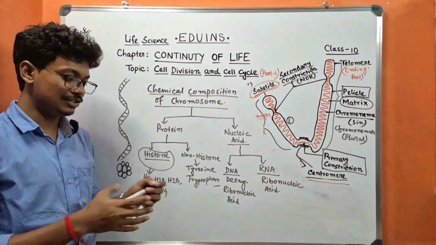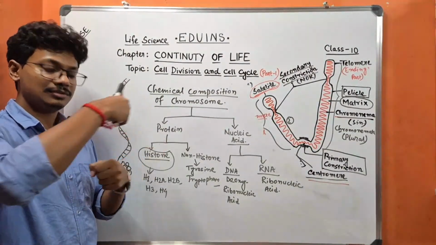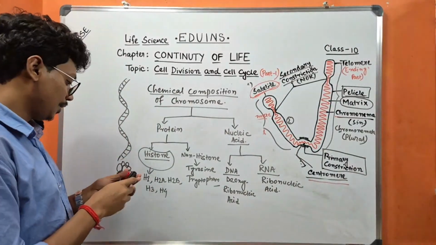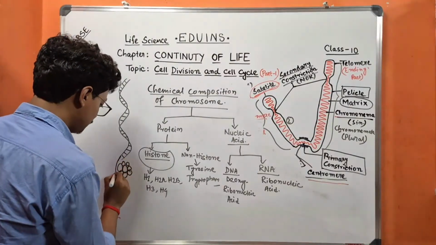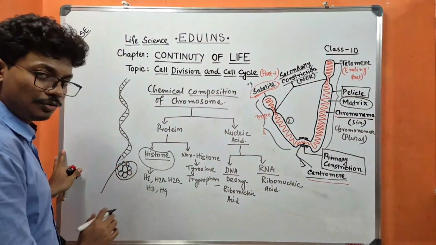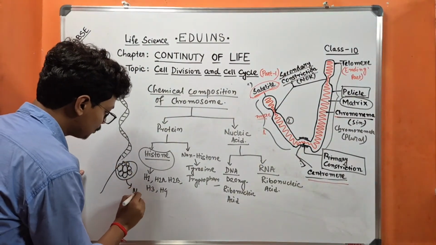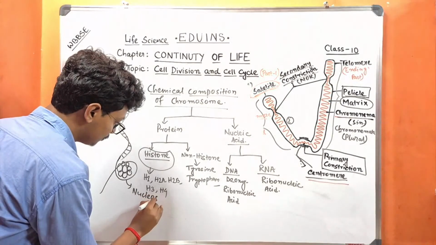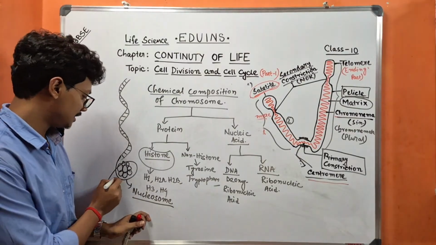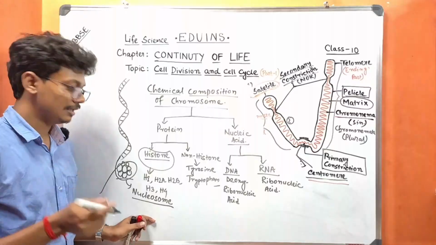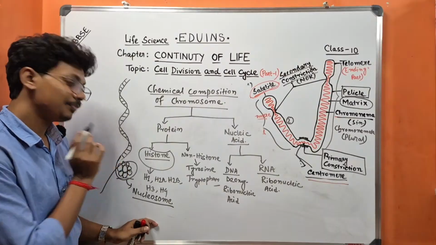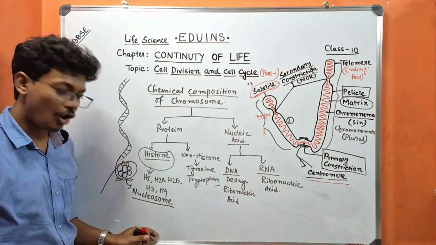This wrapping of DNA upon the histone proteins is known as nucleosome. Nucleosome is the structure of the histone octamer, that is 8 histone proteins wrapped by the DNA.